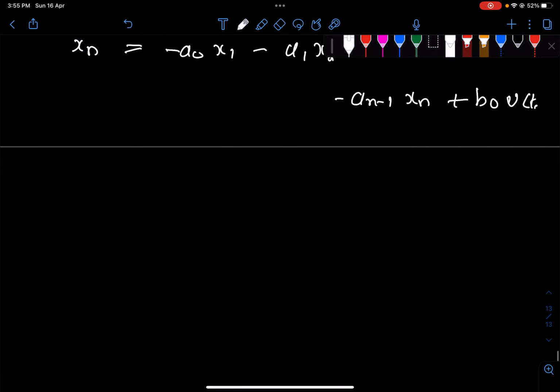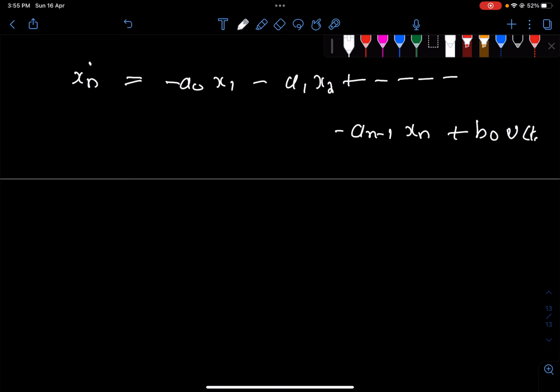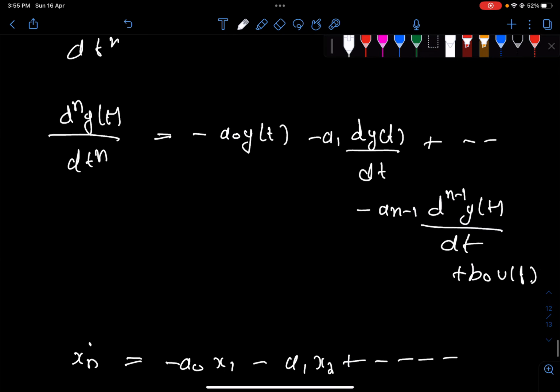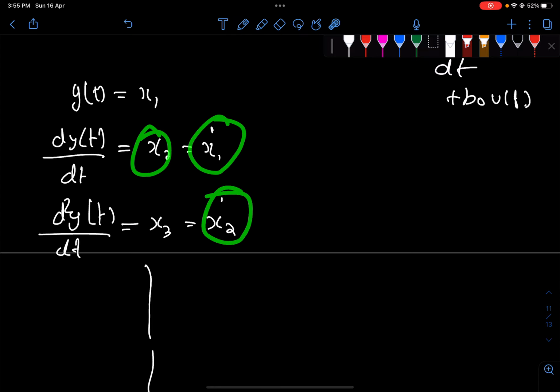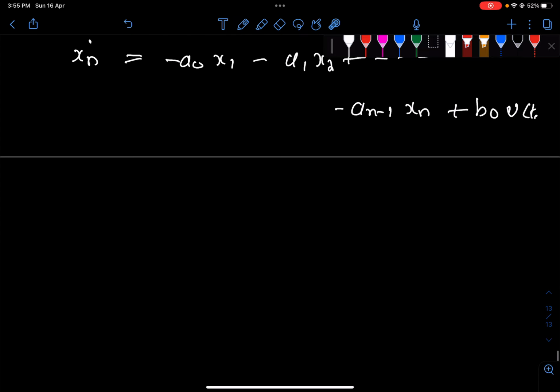So how many state variables are there in this circuit? n state variables are there, because of the n differential terms. And we know that x1 dot is x2, x2 dot is x3, and it goes like that.